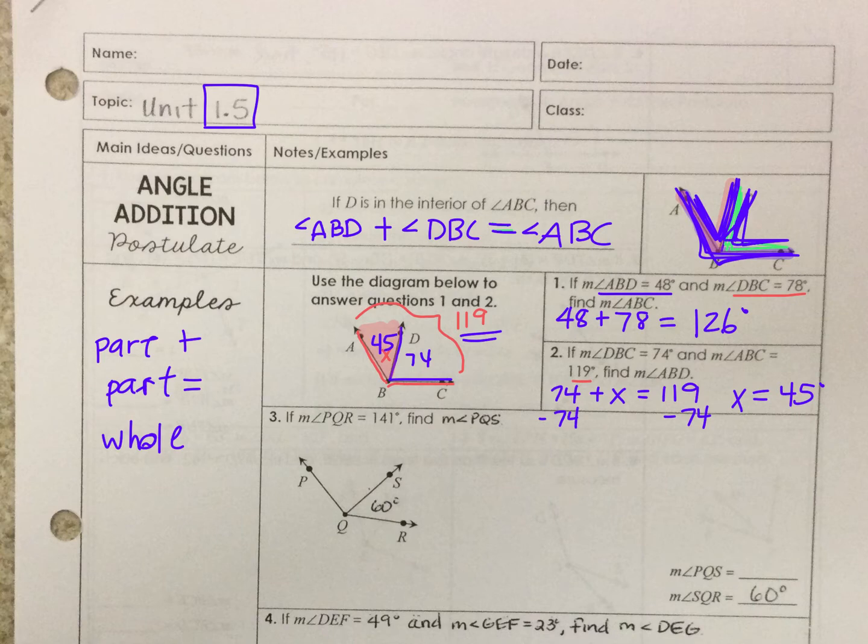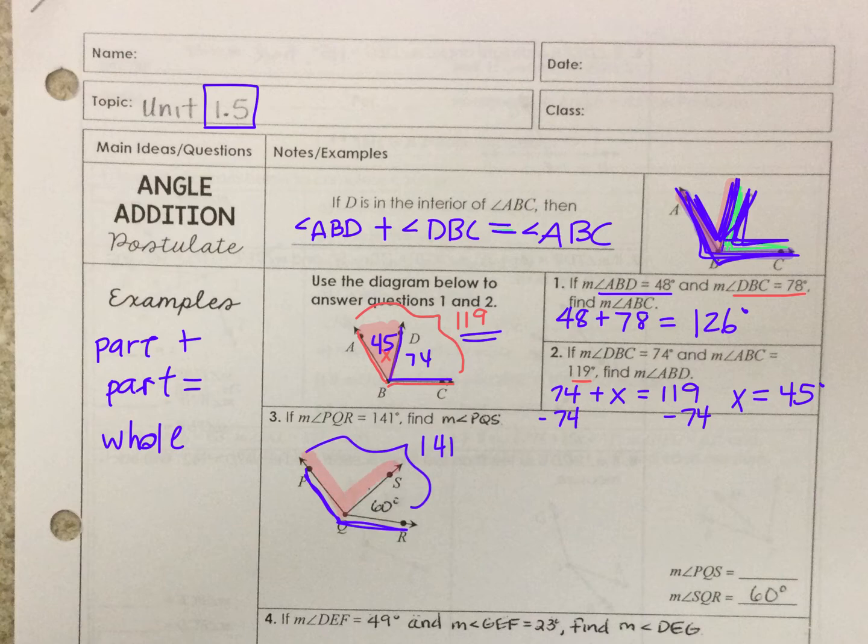Okay, so that's what we're going to do now. Part plus a part equals a whole. And the biggest thing is just labeling it. So PQR, that's the whole thing, is 141. And we need to find PQS. We're looking for this missing angle.